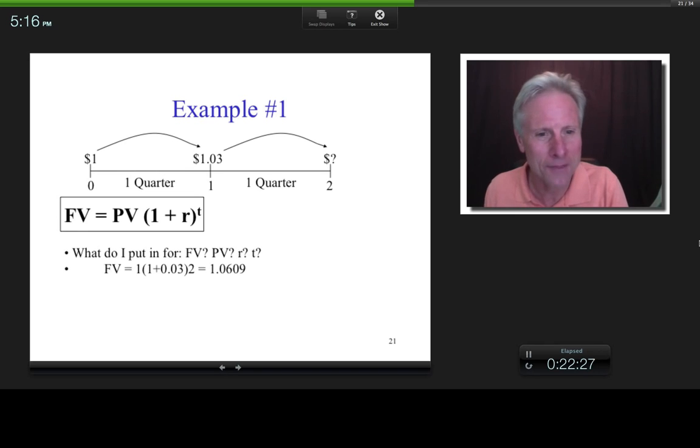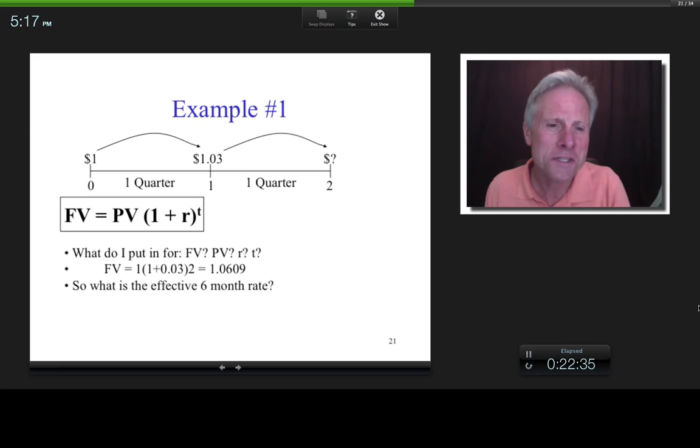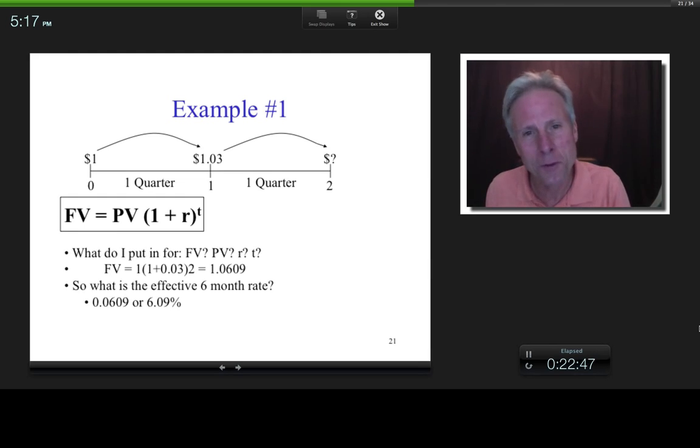So if we calculate that, then we'd get the future value of this $1. It grows into 1.0609. And so what is the effective 6-month rate? Well, how much of this 1.0609 is interest? Well, 0.0609, right? And so therefore the effective 6-month rate is 0.0609 or 6.09%.